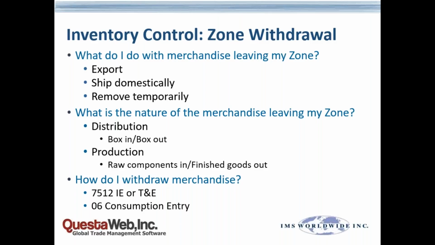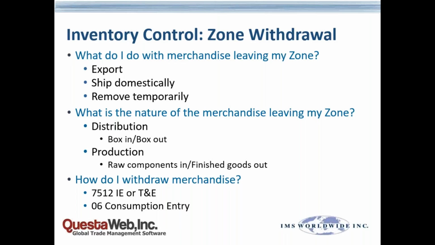And the other, which is a little unique, is, am I only temporarily removing my inventory? Because this is where fun things occur from a foreign trade zone perspective. Let's say I have to send something out of my zone, but I want to bring it back. And it's maybe going to be painted, or it may be going to be tested.